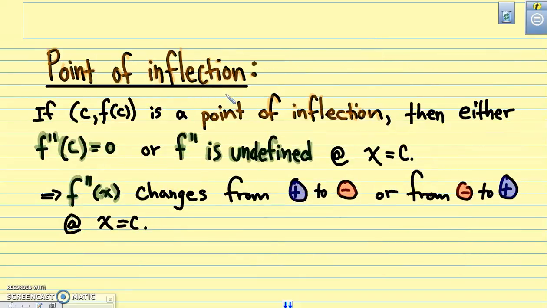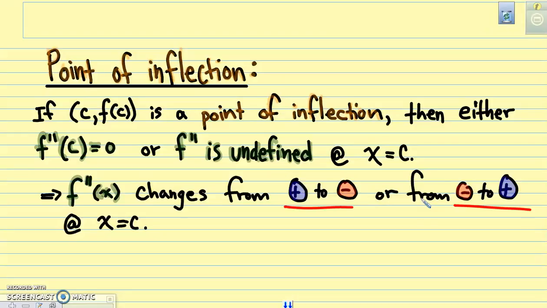Something that comes with concavity is a point of inflection. If c comma f of c is a point of inflection, then either f double prime of c is equal to 0 or f double prime is undefined at x equals c. This implies that f double prime of x changes from positive to negative or from negative to positive at x equals c. So these are some important things to note from this.